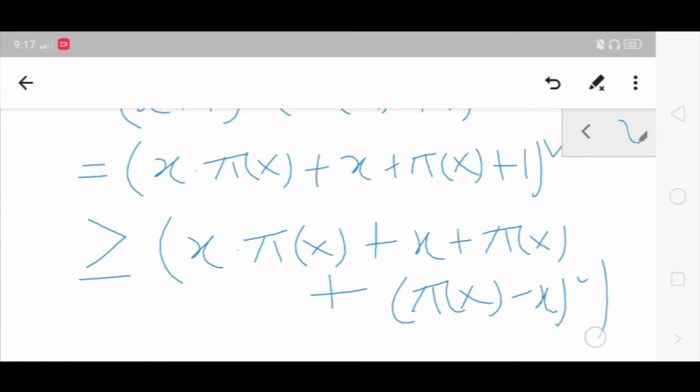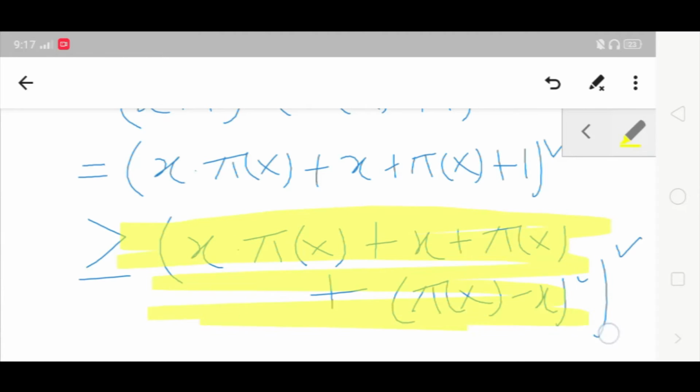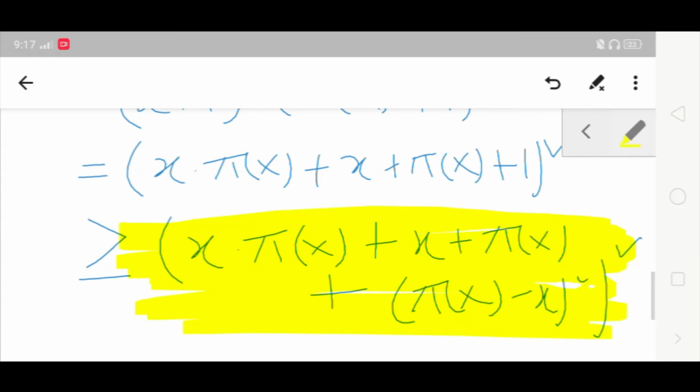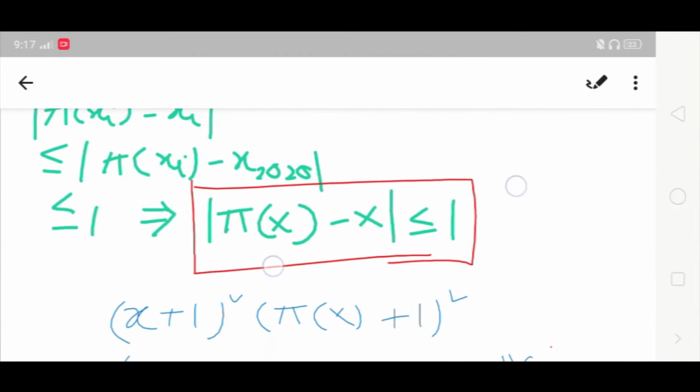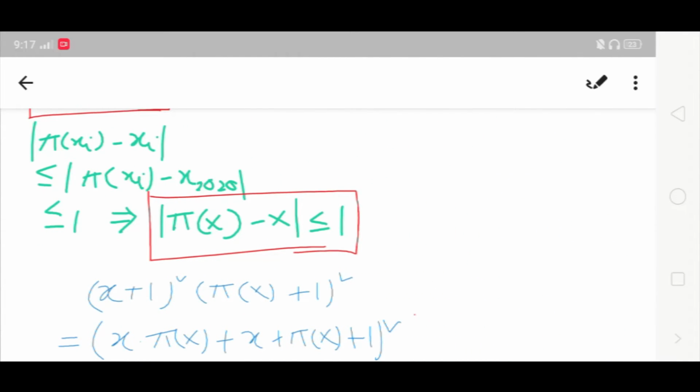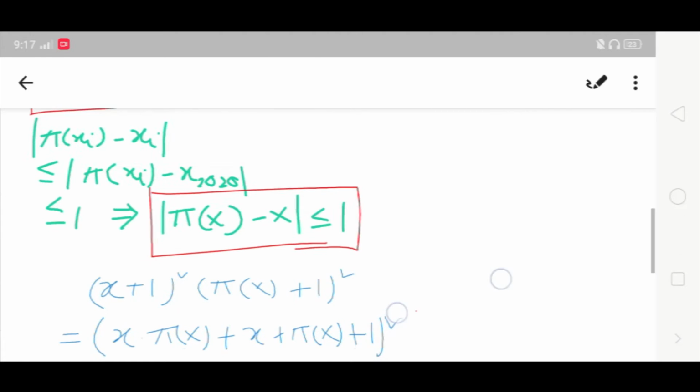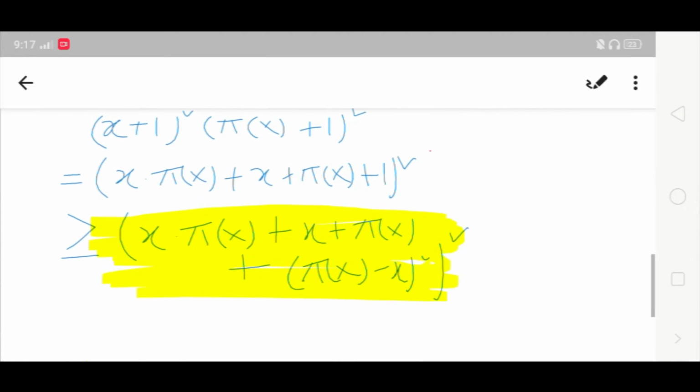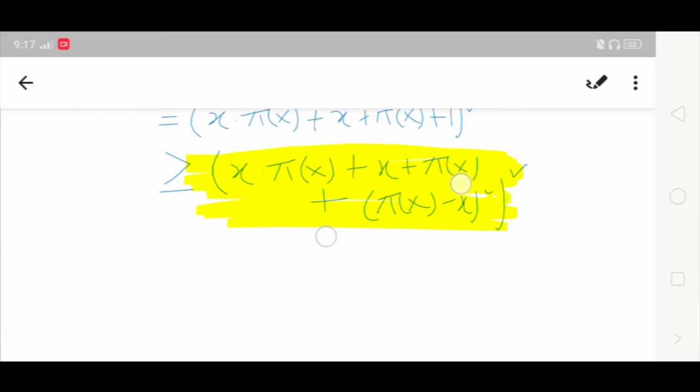Why is this true? Because I have previously proved that the absolute value of pi of x minus x is less than or equal to 1. That is why it obviously holds.